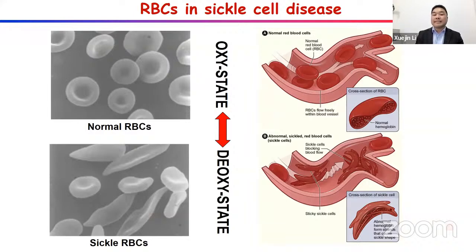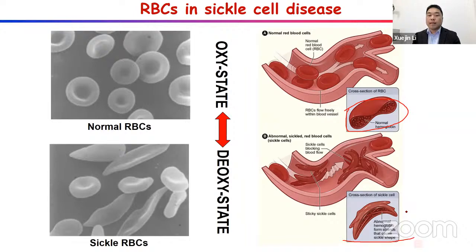In the above discussion, we showed the normal red blood cell can flow freely in blood vessels. And these normal red blood cells contain normal hemoglobin, like this red dot inside the red blood cell membrane. Here is normal hemoglobin. But under certain conditions, like sickle cell disease, the normal hemoglobin becomes abnormal. And this abnormal hemoglobin can polymerize into long fibers inside the cell.